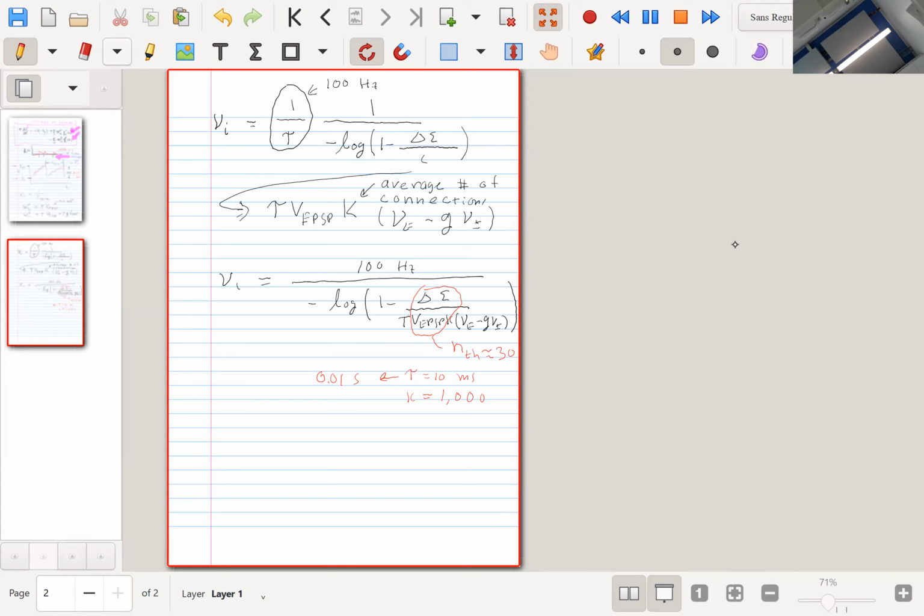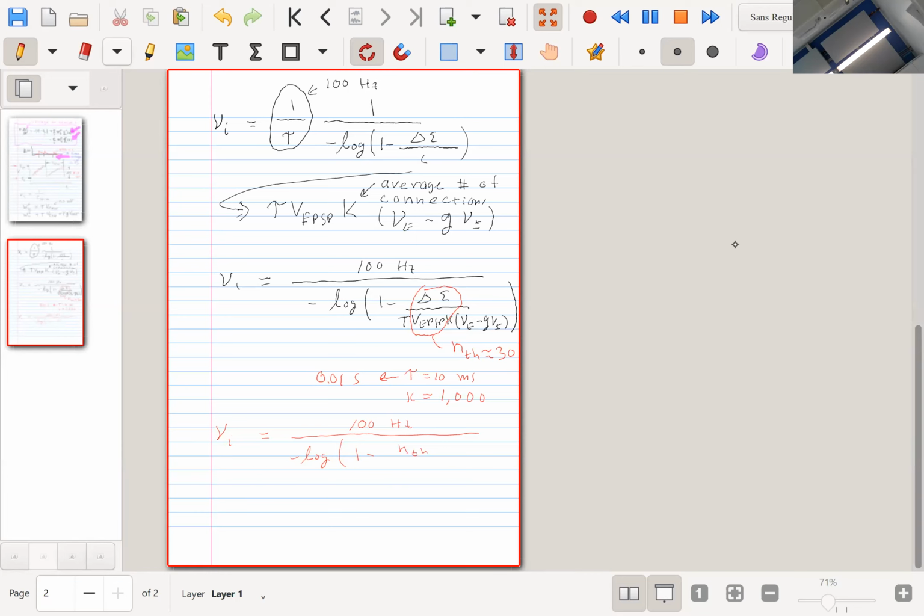So in units of hertz, what we end up getting is nu I equals 100 hertz divided by minus log of 1 minus N threshold, which is delta E over V EPSP.